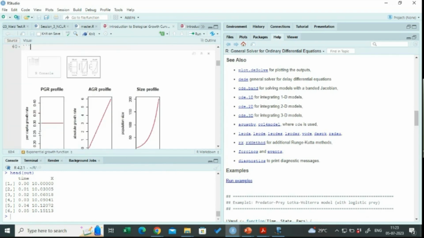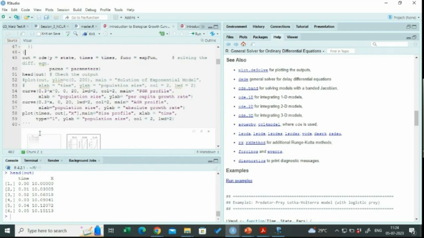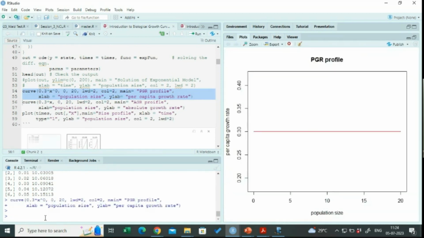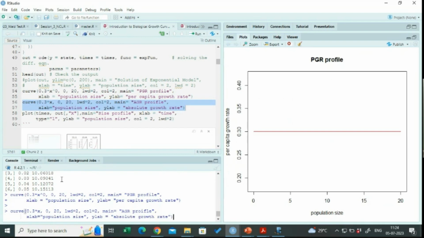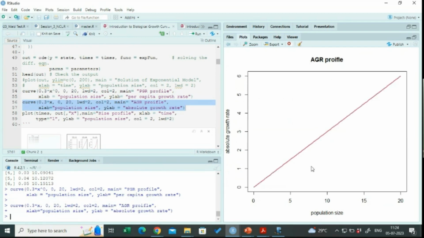Then you may want to plot it. So this is the curve for r, the PGR profile, meaning the per capita growth rate profile, that is 1 by x dx/dt, and this is your absolute growth rate profile. That means how the population changes.